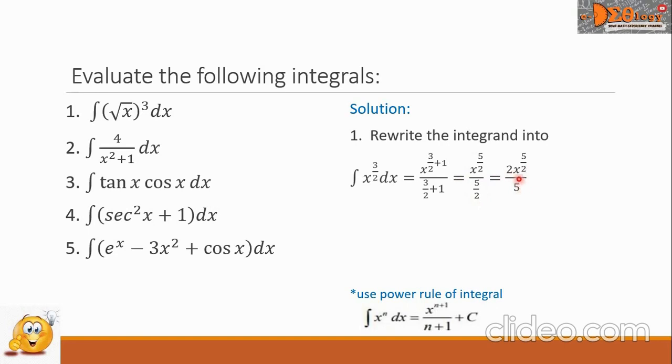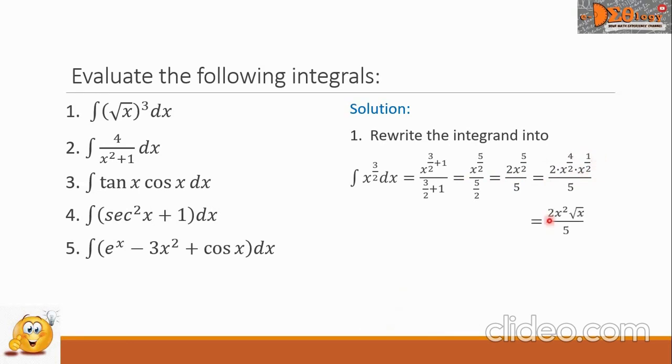Let us show now that this x raised to 5 over 2 is equal to x raised to 4 over 2 times x raised to 1/2. This expression here can be simplified into x squared. While this x raised to 1 over 2, let us convert this again into radical form.